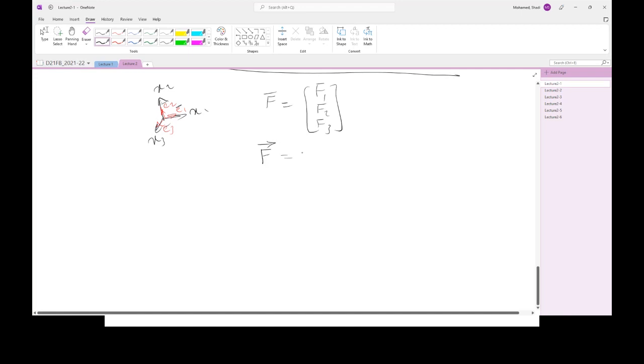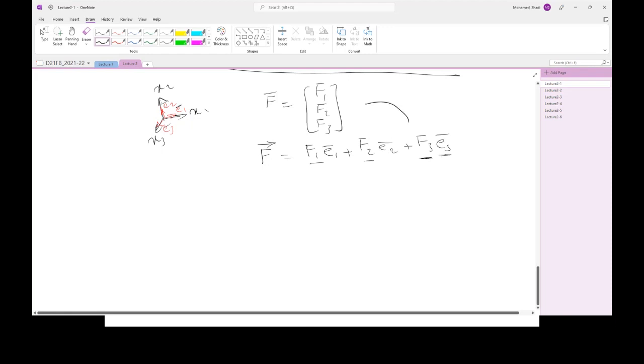So this would be F1 multiplied by E1 added to F2 multiplied by E2 and F3 multiplied by E3. So you are just saying that the projection of F on the x1 direction is a vector of magnitude F1. The projection of F in the x2 direction is a vector of magnitude F2, and so on for F3. So this is a direction, and this is a magnitude.